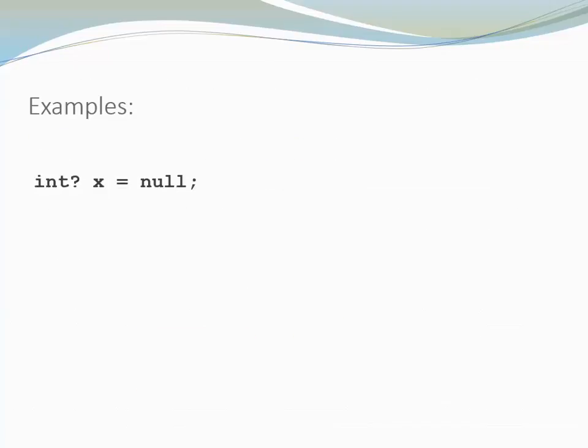Again, I'm using the example that we had before. My x is a nullable integer and we assigned it the value null. So if I would just try to assign x directly to my integer y, this would be a syntax error because my variable y has no way to store the value null. However, I could use the null-coalescing operator in that context.